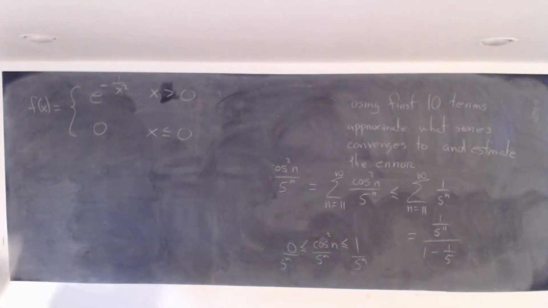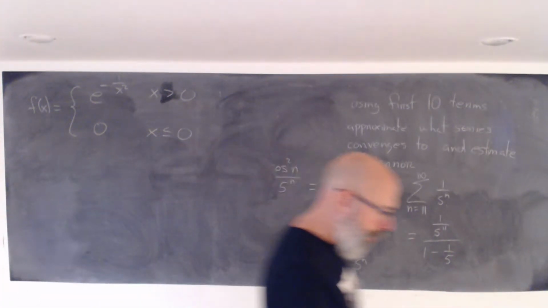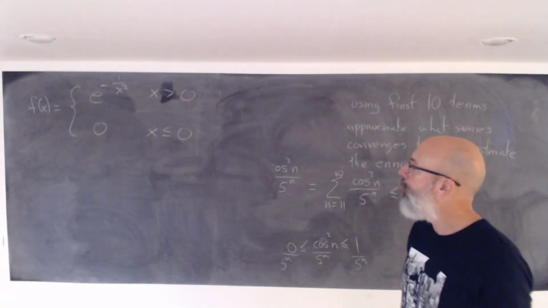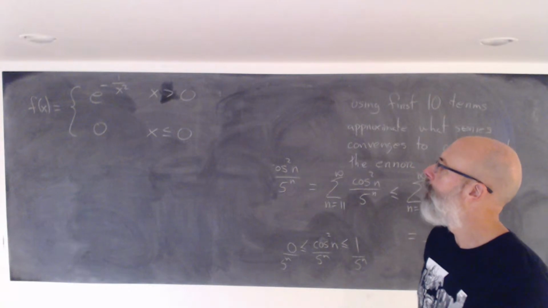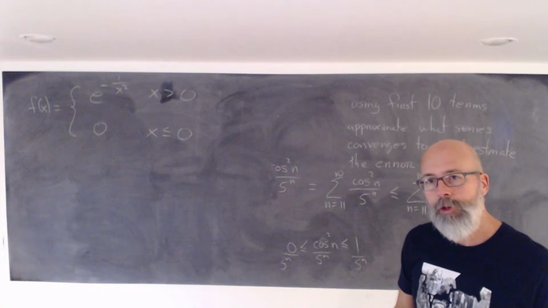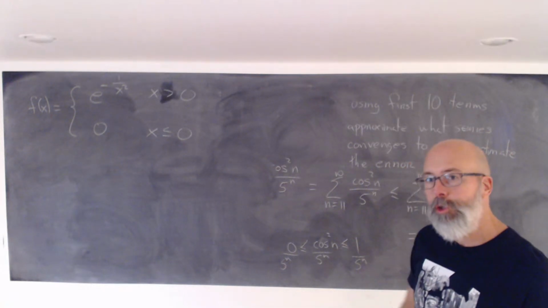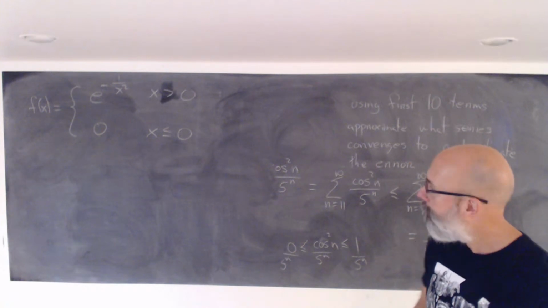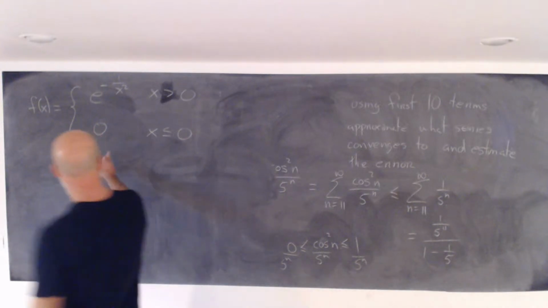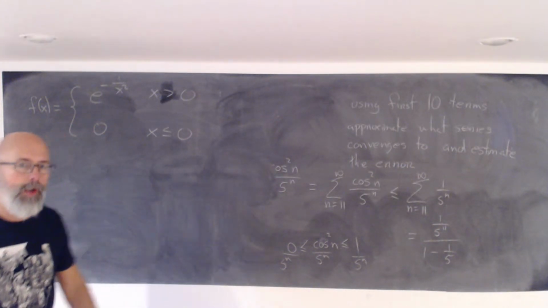It's a nice question. This is a question in the book, and they are telling you that this function has a Taylor series which does not converge to the actual function itself. I say Taylor series, but it's really a Maclaurin series, a Taylor series around 0.